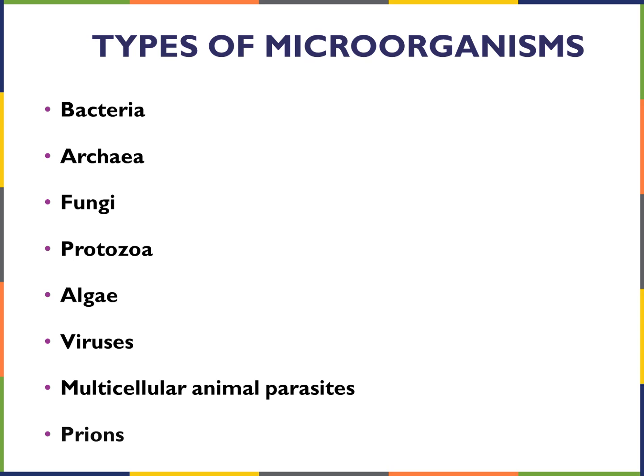The reason that we study them in microbiology, okay, because they do get large enough that you can see them without a microscope. But the reasons that we study them in micro is because a lot of times they have very complex life cycles. They'll have 13 to 15 stages of their life cycle.